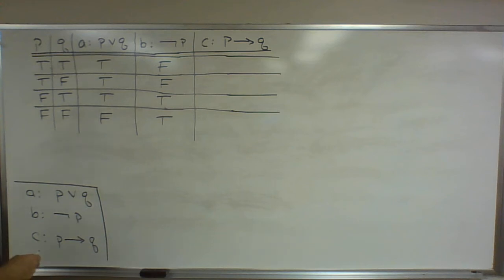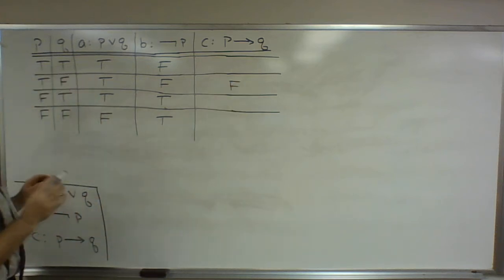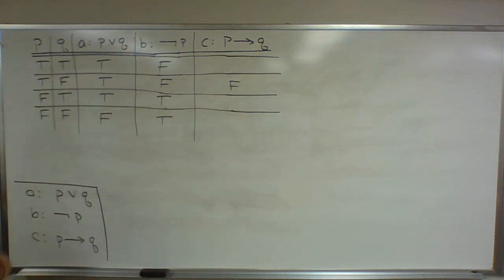Now, when does that happen? Here's P true, here's Q false, and this is the only time that it happens. So we put false here. All of the other times it's going to be true.